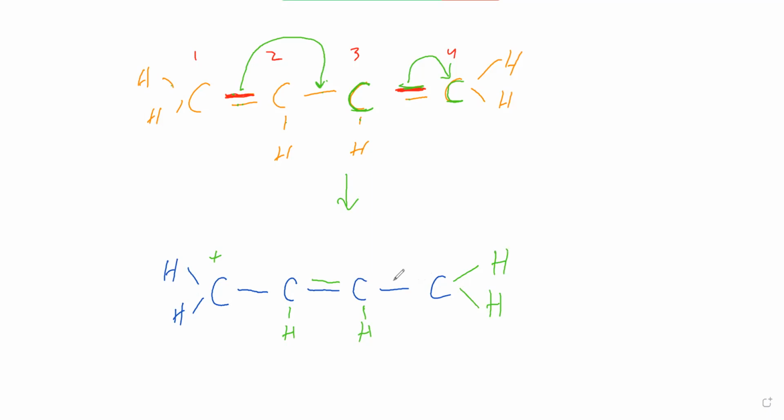Since this pi electron has been shifted to this carbon, it will carry what charge? A negative charge, because a carbon with 3 bonds, when an electron moves towards it, carries a negative charge, but a carbon carries a positive charge when it has 3 bonds and one electron has been removed. Is it clear now? Yes, sir.